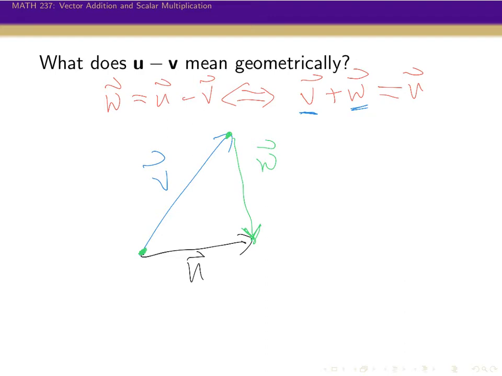Okay? And so, like we did before with the addition rules, if I make the parallelogram here, what is this w? Well, this w, which is u minus v, goes along the other diagonal.